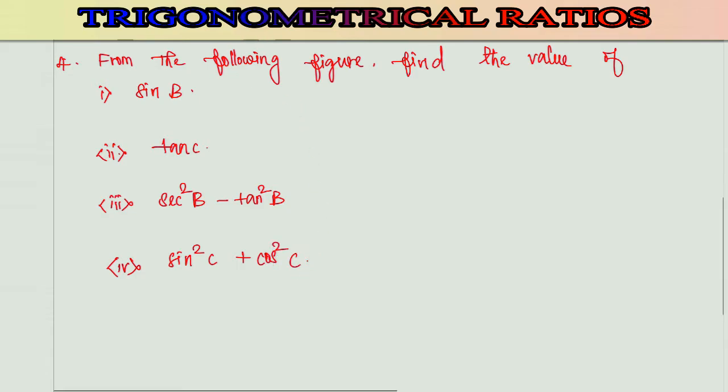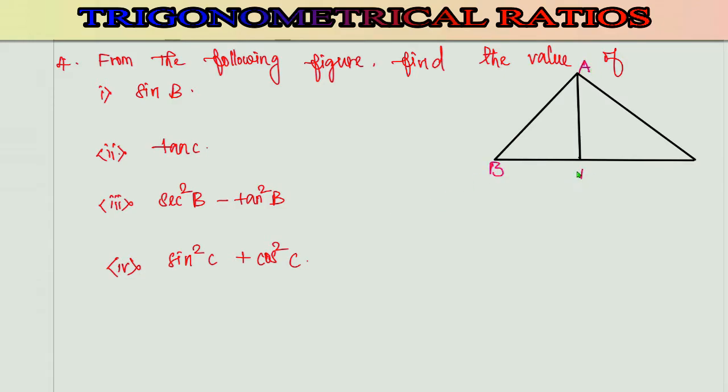Okay, the given diagram, now this is A and this is B, D and C. So this length they have given 5, and here we have 16, and this is 13. Okay, now here you have two right angles. So this is one right angle triangle, and opposite to this is a second right angle triangle.